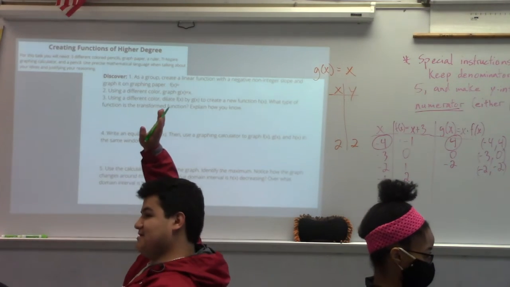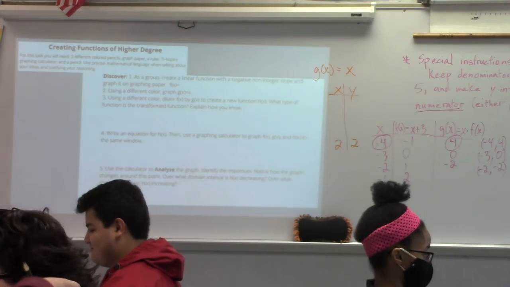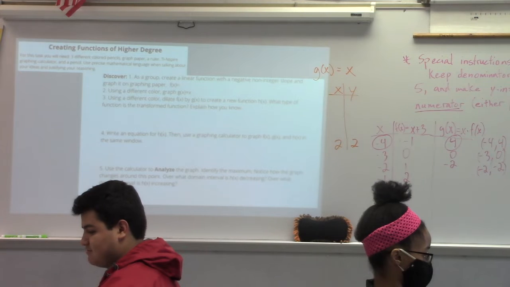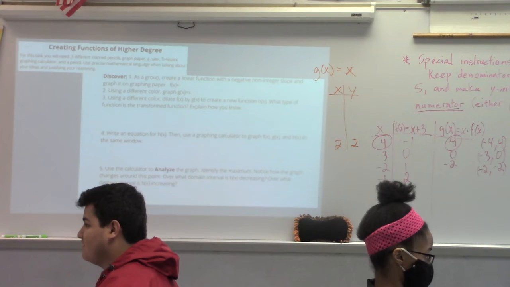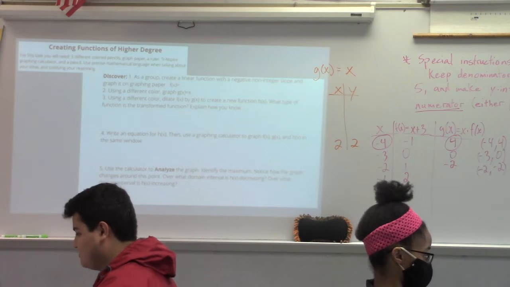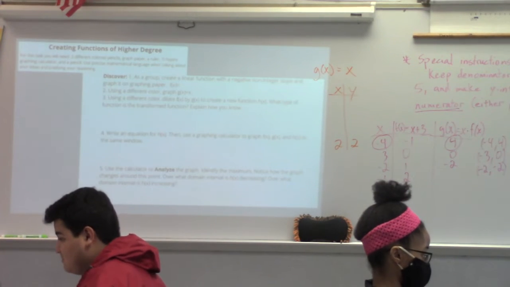I haven't used this in so long. Yeah, it's in my binder, I haven't seen it. Okay. So it's going to be the same x value. It's literally going to be the exact same x value. What is this?